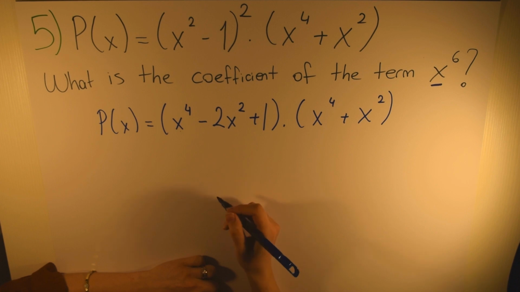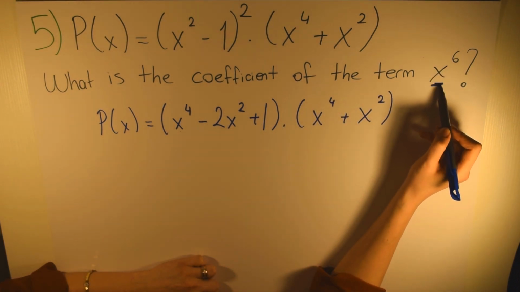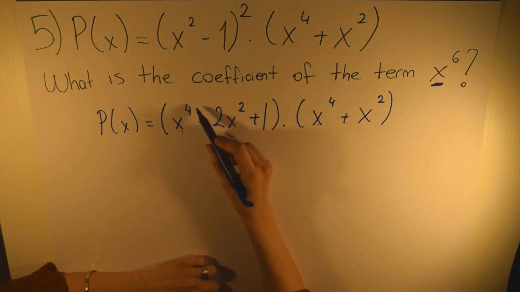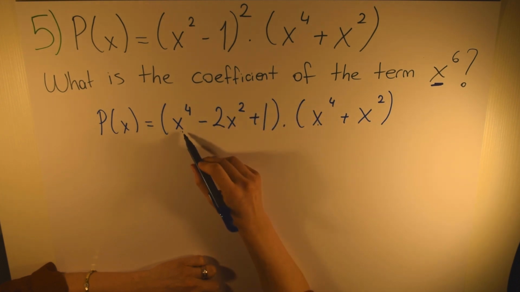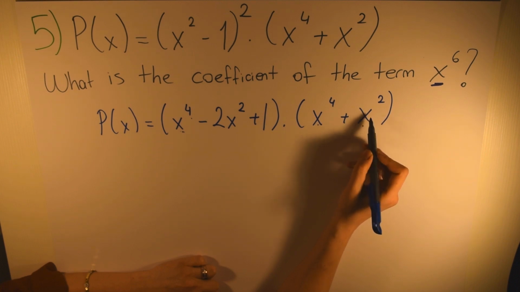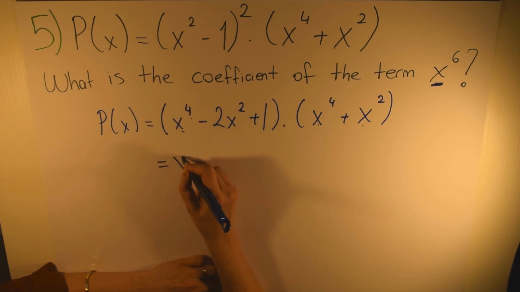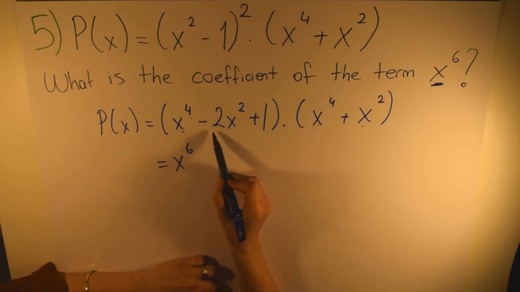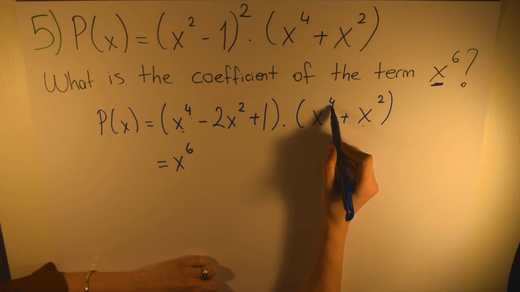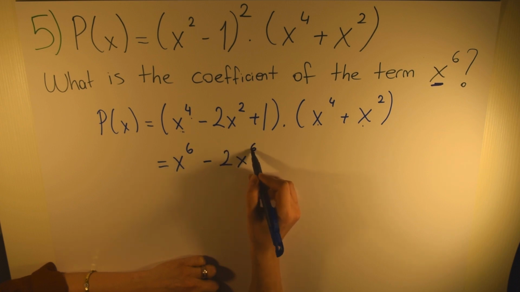Instead of that, what you can do, x to the power of 6, to find this term. Let's see, when you multiply these two, you will get x to the power of 8, right? So you don't have to write this. When you multiply x to the power of 4 with x to the power of 2, you will get x to the power of 6. So here I will have 1. And here, when you multiply this x to the power of 2 with this, you will get -2x to the power of 6, right?